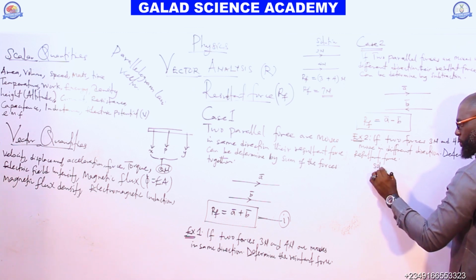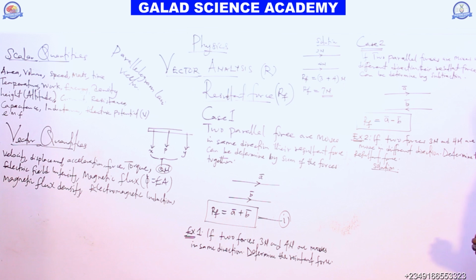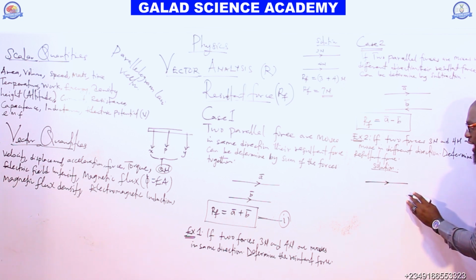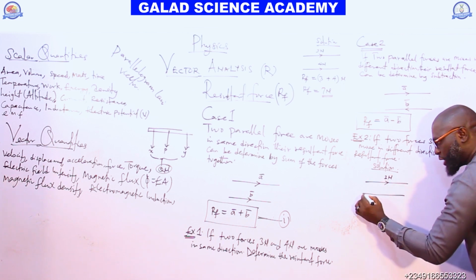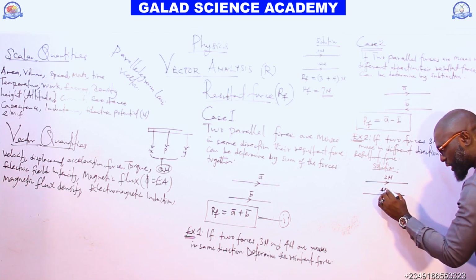Solution. So the two forces are moved in different directions, which is opposite directions, and then we are trying to get the resultant force. So let's assume A is 3 Newton and B is 4 Newton.